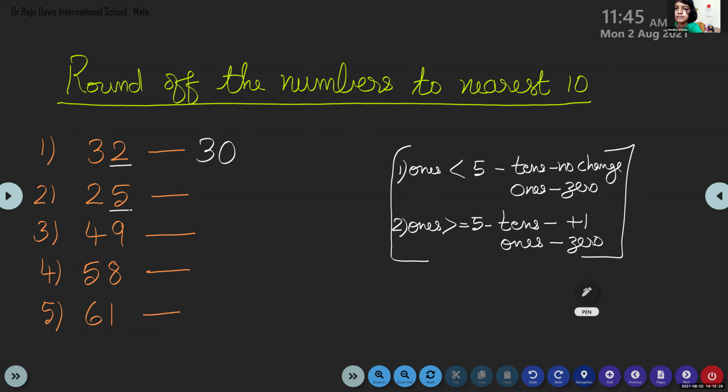Yes. Second rule has to be followed. 5 is equal to 5, so in the tens place, you have to increase one number. So 2 will become 3 and the ones place should be 0. That means 25 is closer to 30. Good, Medha.